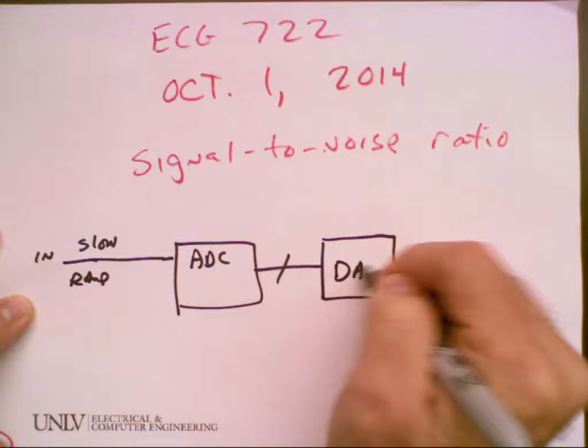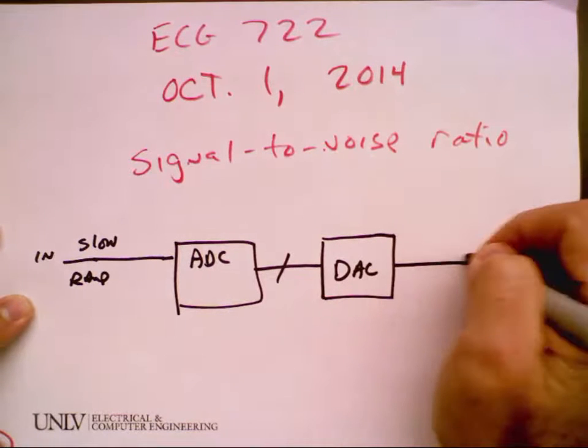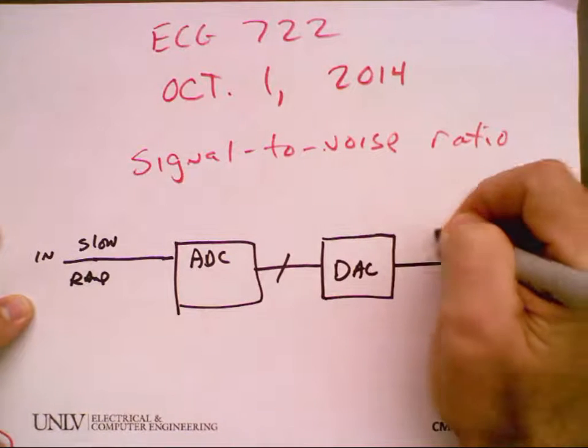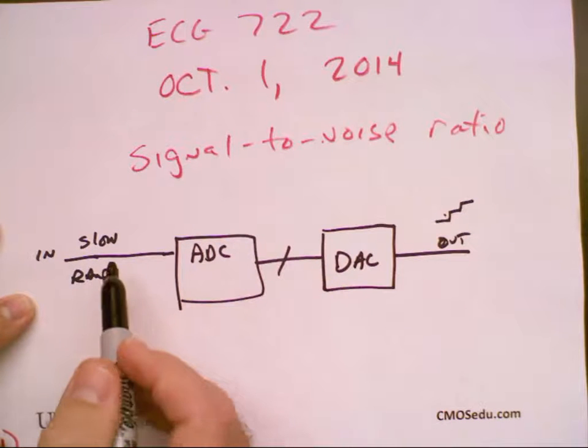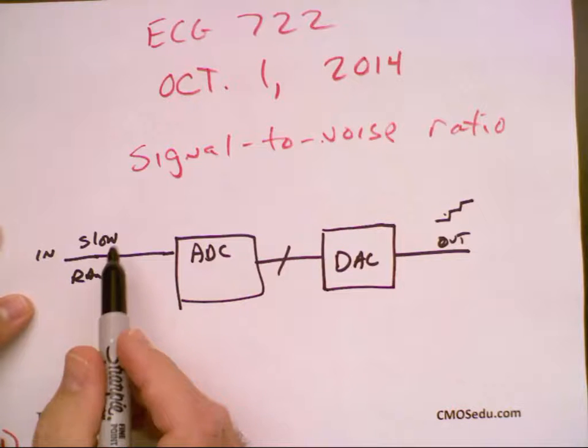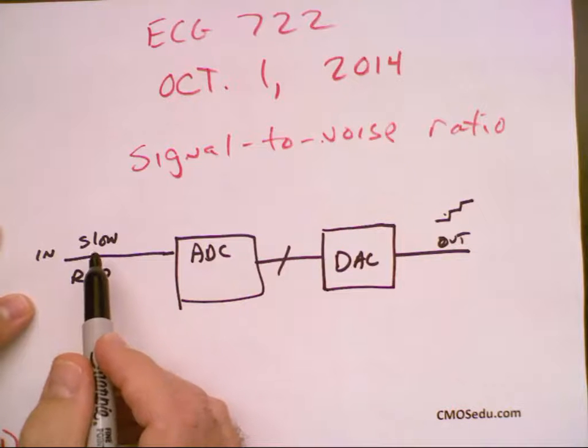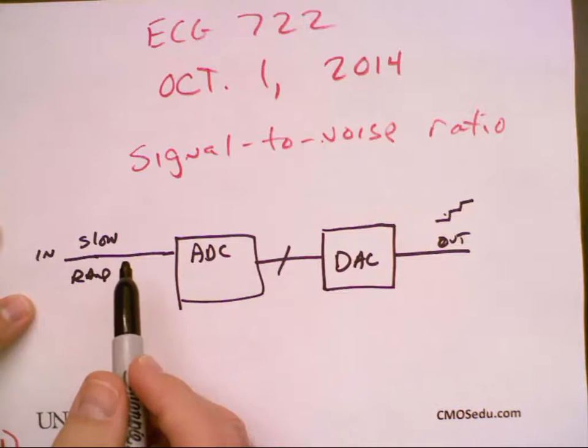And then I take my output. And remember, it did this. The thing is, we put the slow ramp in so that we would get a real good representation of the input. In other words, it's not moving so fast that we're going to skip LSBs. It's going to be slow.